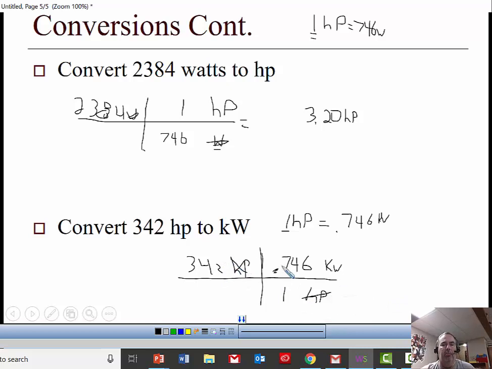When the numbers are both on top, we end up multiplying. When you punch into your calculator 342 times 0.746, you end up with 255.13 kilowatts. So that's how we convert between horsepower and watts and horsepower and kilowatts.